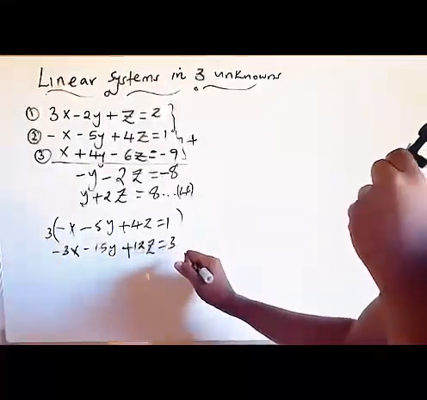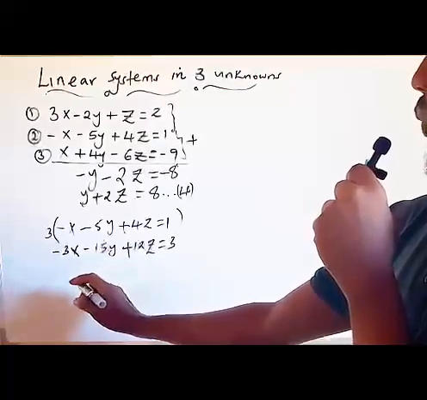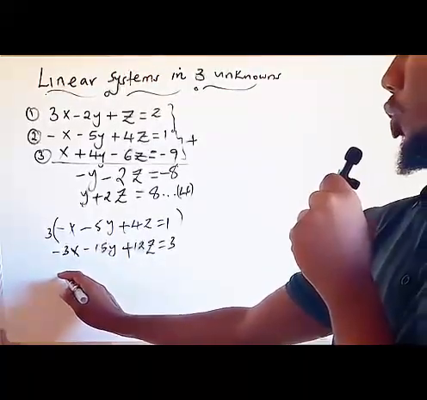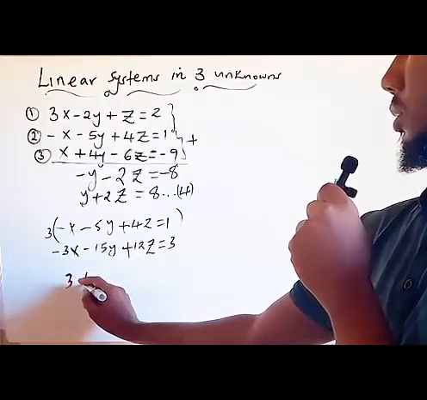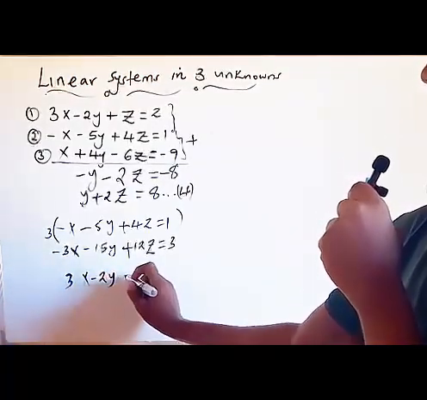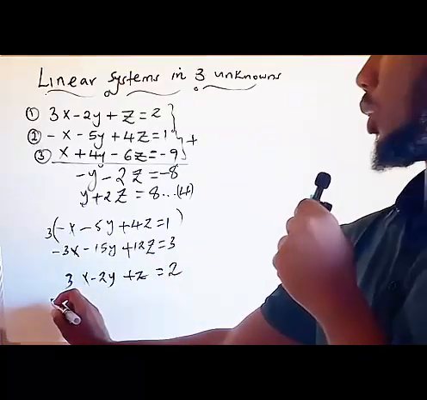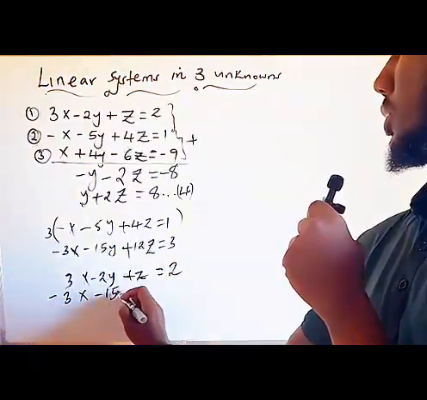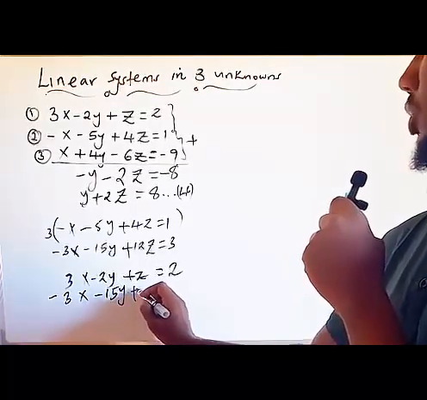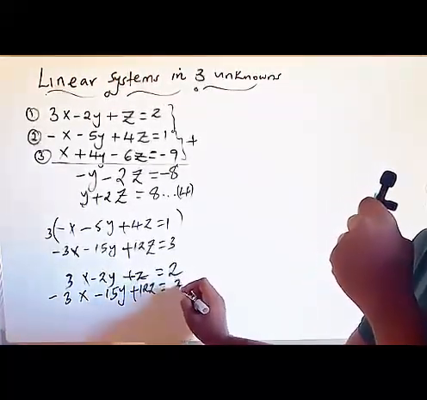We add it to equation 1, which is 3x minus 2y plus z equals 2. We add to equation 2, which is minus 3x minus 15y plus 12z equals 3.